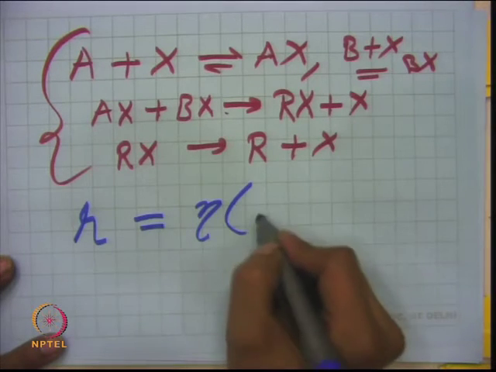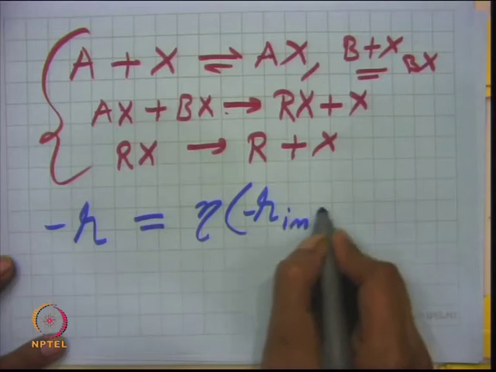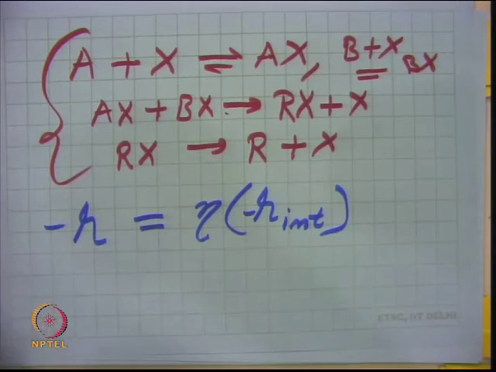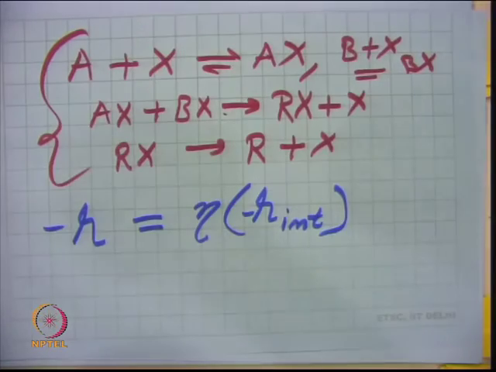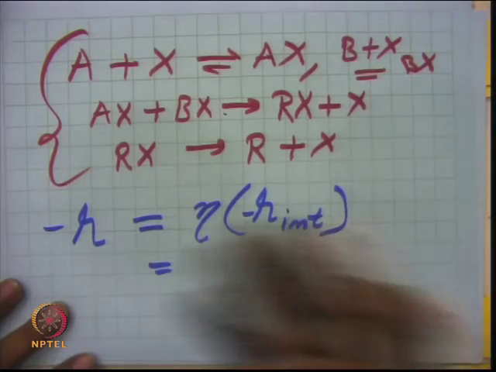So, eta times R intrinsic, that is, in the absence of diffusion resistance, and that R intrinsic can be determined from the Langmuir model we have written here, or based on the overall power law model also.